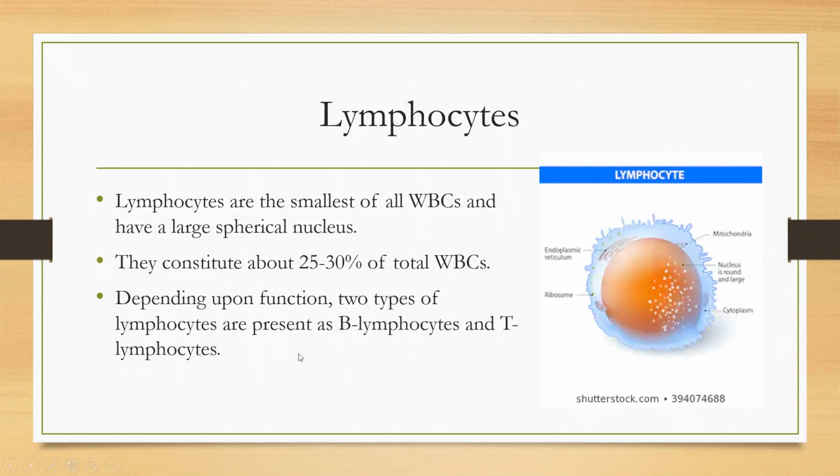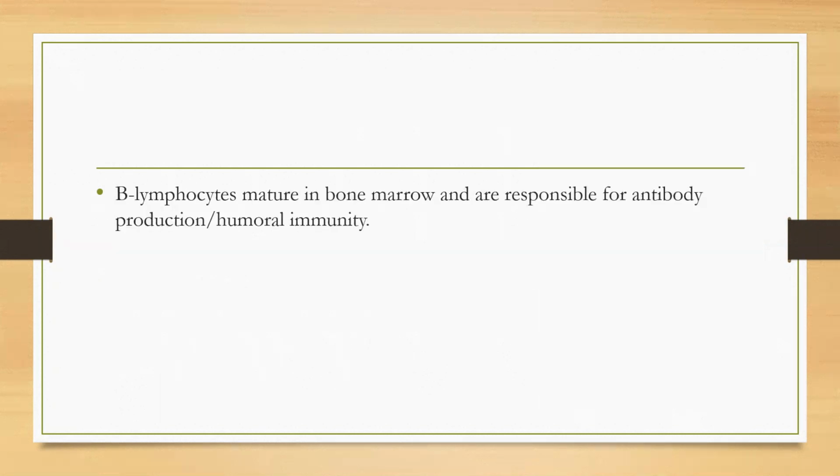So let us go to the B lymphocyte. Where are B lymphocytes found? B lymphocytes are found in bone marrow. They mature in bone marrow and are responsible for antibody production.